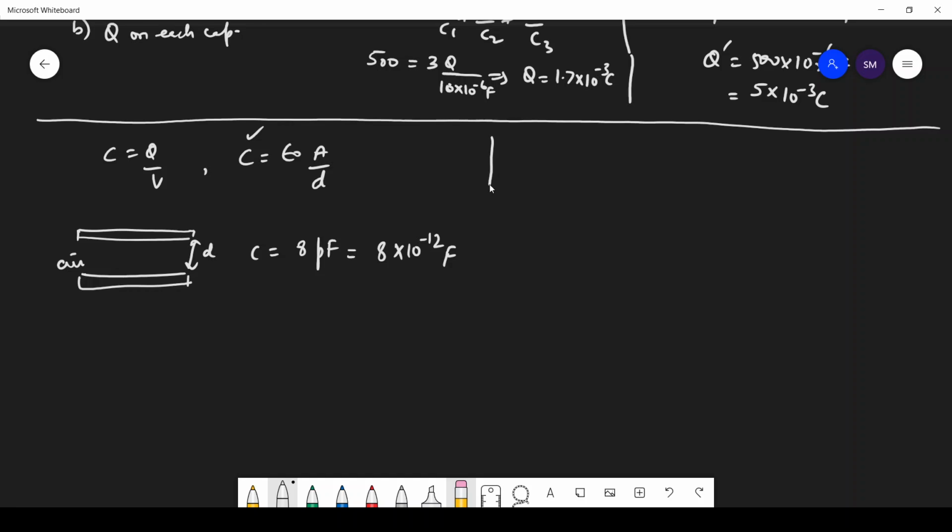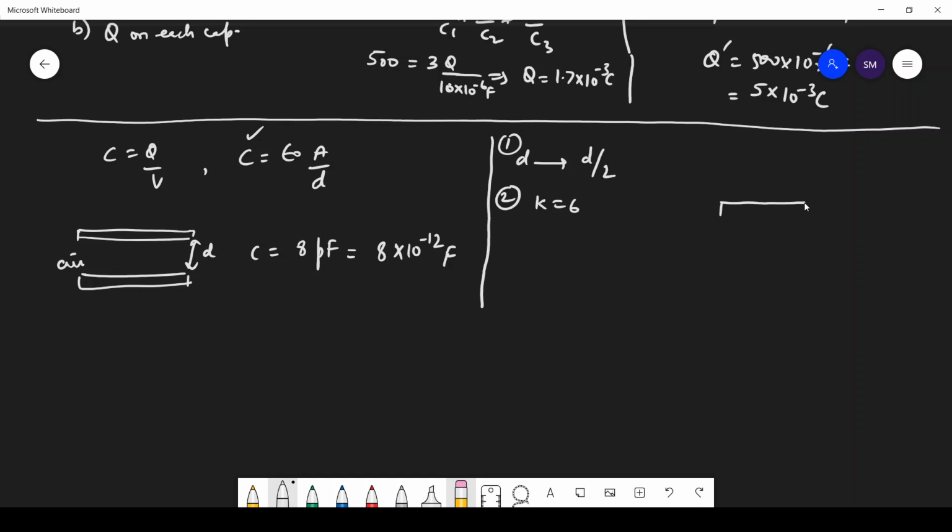Now what I have done is that the distance is reduced by half. This is the first thing I have done. The second thing I have done is I have filled the space with a dielectric whose dielectric constant is 6.